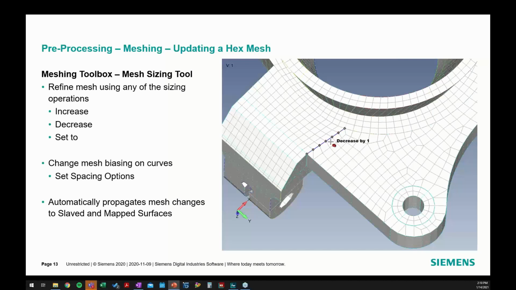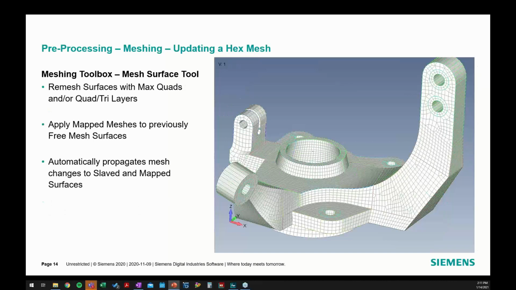So here you can see you can decrease mesh sizing, and it'll propagate again across multiple solids if your solid is sliced up for hex meshing. And then there's also the capability for remeshing surfaces with max quads or quad tri-layers, and applying a mapped mesh to a previously free mesh surface.